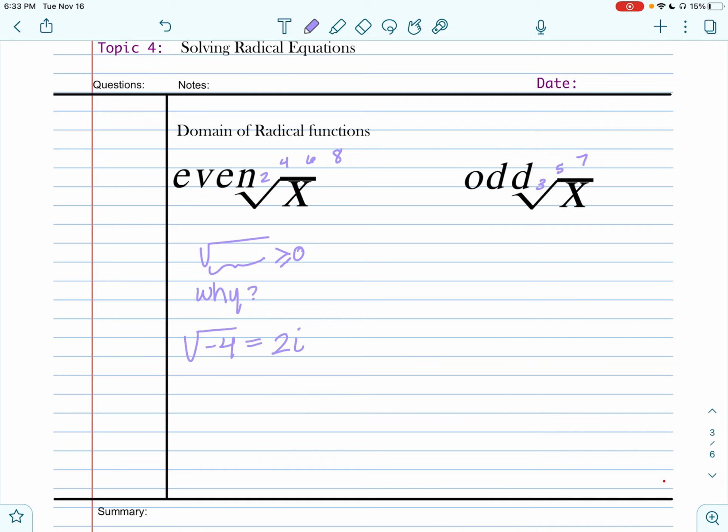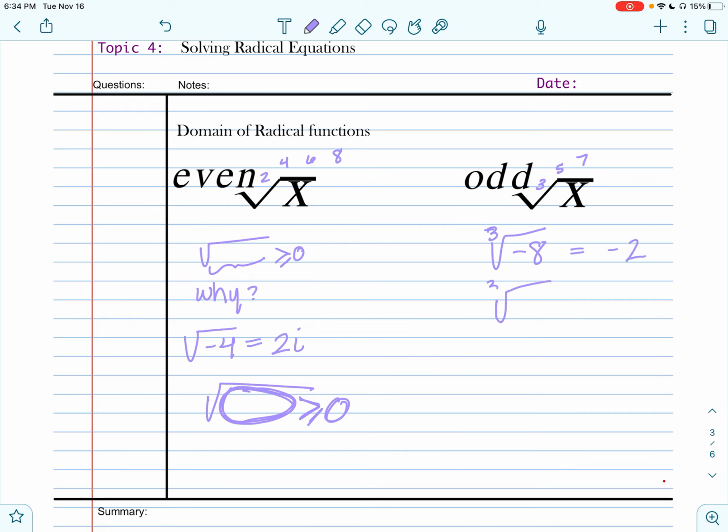Okay, so you'll often see me saying, check the domain. It's taking what's in here and making sure that it's 0 or bigger. If it's less than 0, that means it's a negative number, and a negative number we can't take the square root of and get a real number. For odd roots, though, that just simply is not the case. So if I take the cube root of negative 8, it's negative 2.